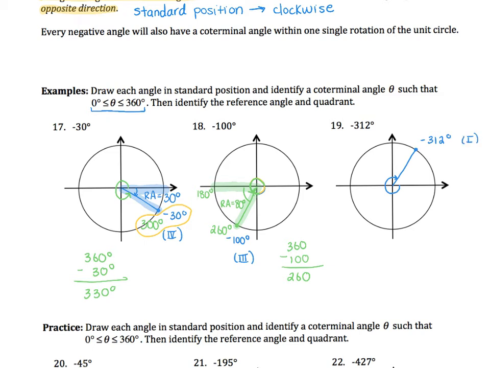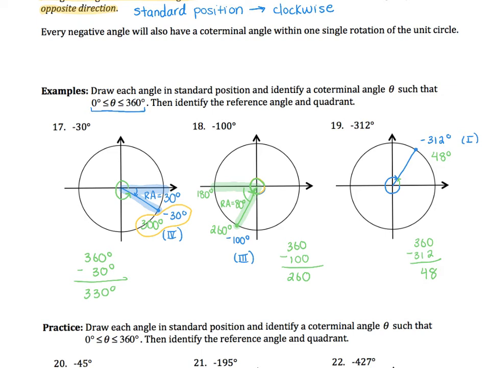And so then we have to ask the question, all right, rotating backward 312 degrees is the same as rotating forward how much? Well, let's see. 360 and a negative 312 is going to leave us with 48. So rotating backward 312 degrees is the same as rotating forward 48 degrees.